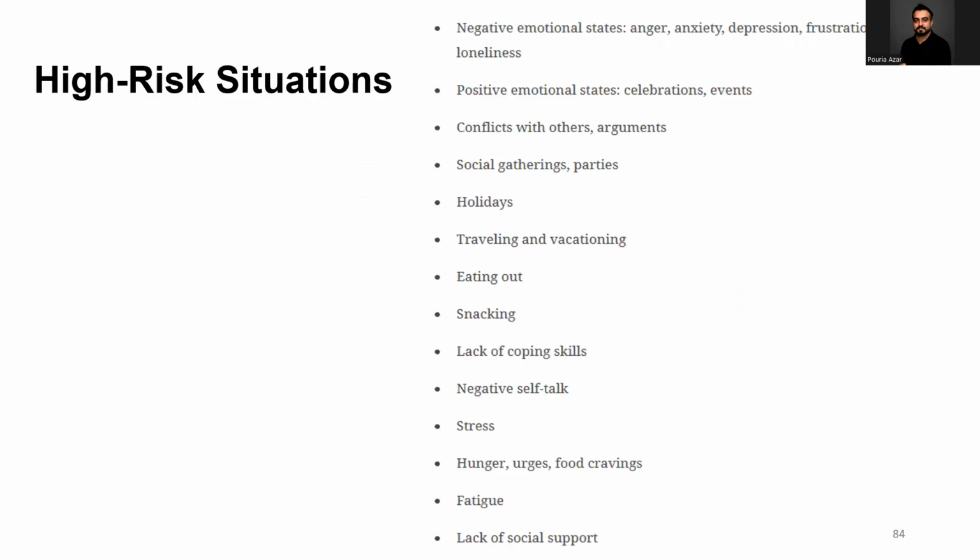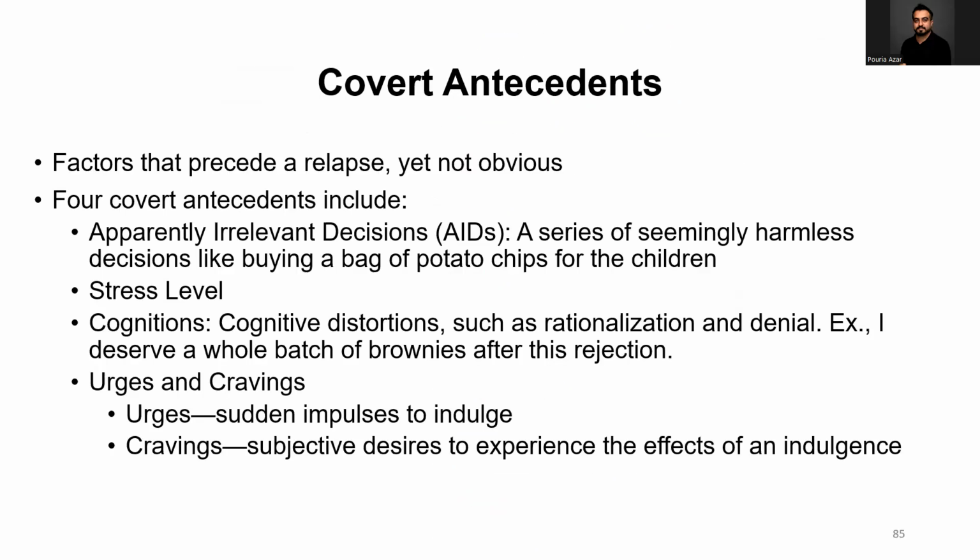These are all examples of high risk situations. Another major category is covert antecedent. These are the factors that precede a relapse, but these are not obvious factors. These are not like high risk situations.